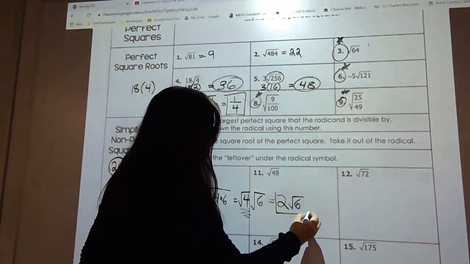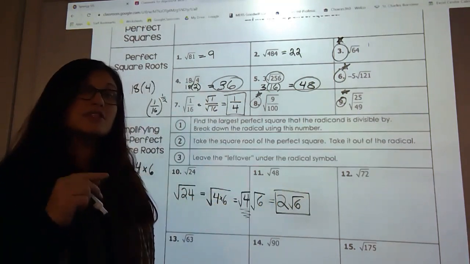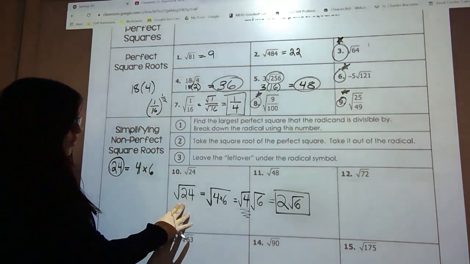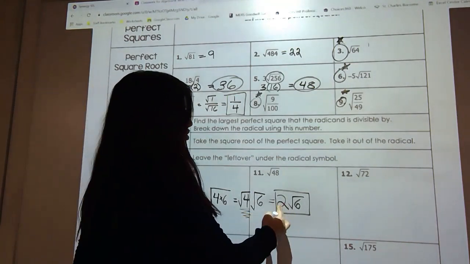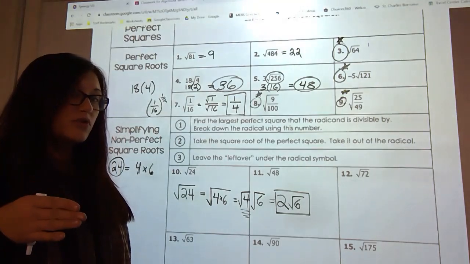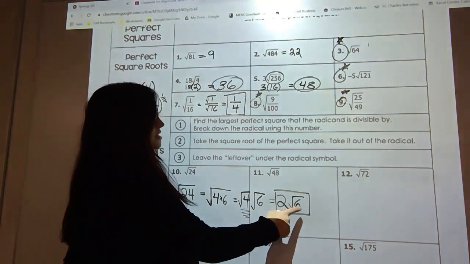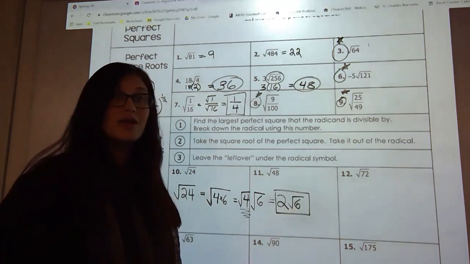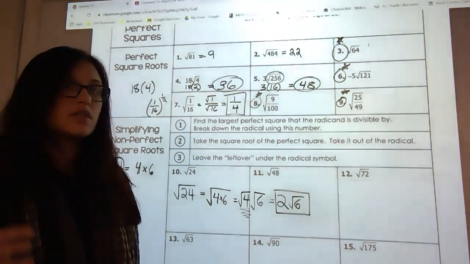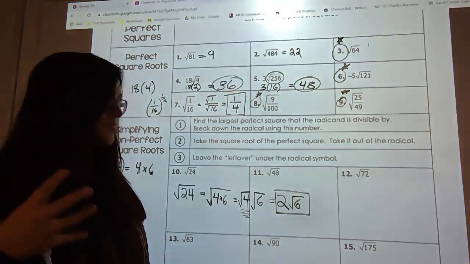So this value is now simplified. You take the square root of 24 and you simplify it by writing it as 2 times the square root of 6. Why is that more simplified? Well, because the number underneath the radical is smaller. So that's what we want, ideally: the number underneath the radical to be as small as possible.